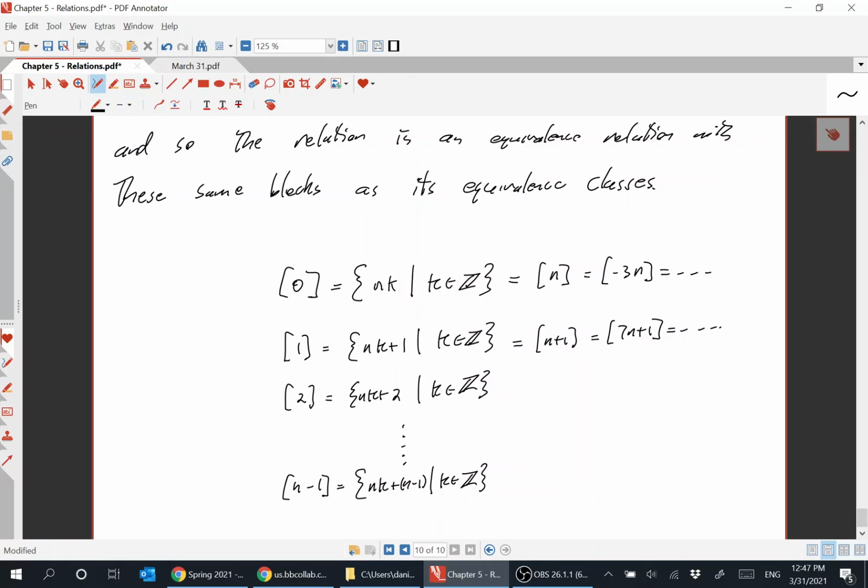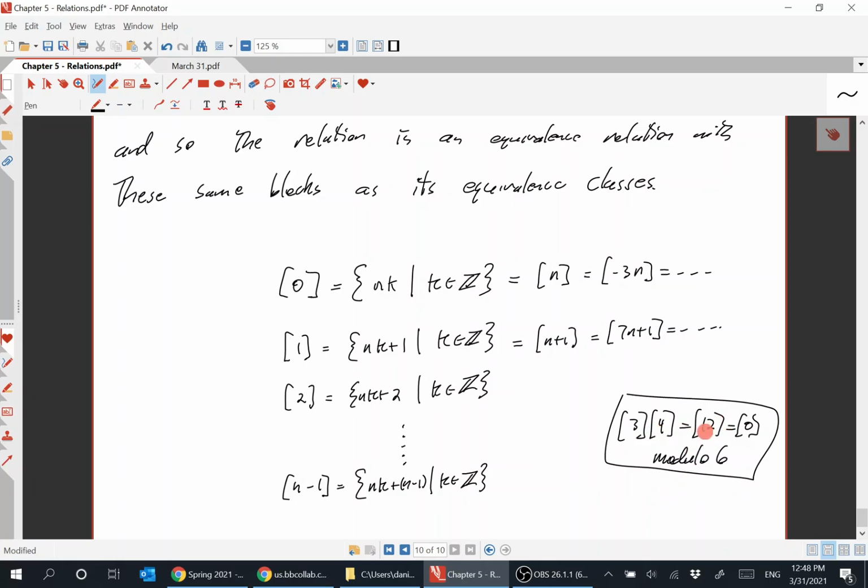So now the story goes much deeper. Now you can actually define multiplication and addition using these equivalence classes. So for example, 3 times 4 modulo 6: 3 times 4 is 12.